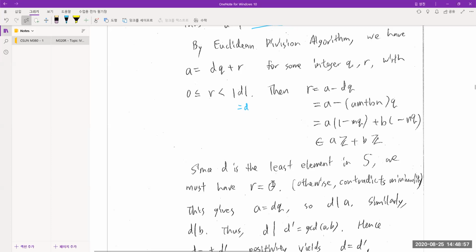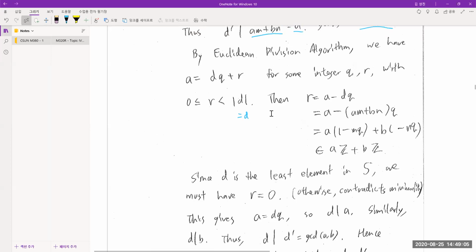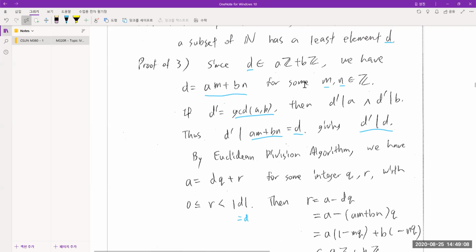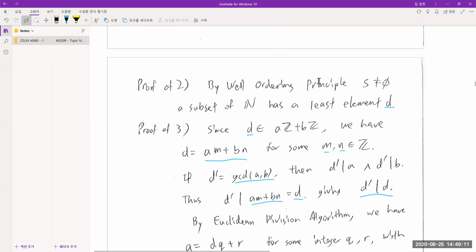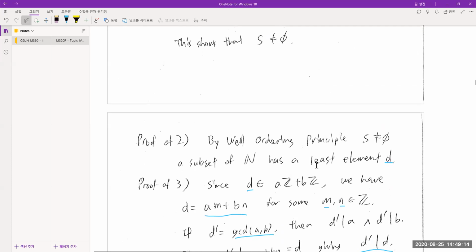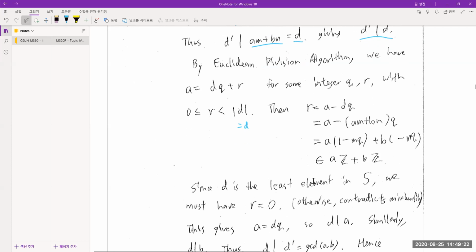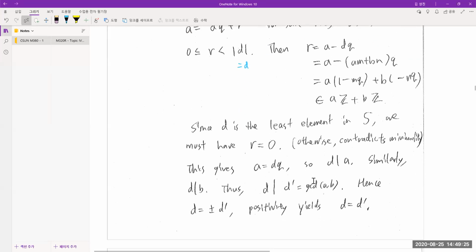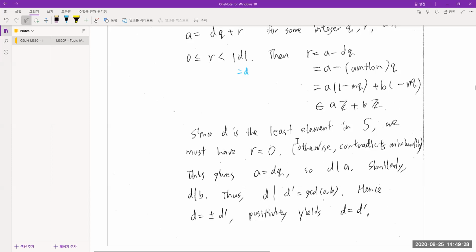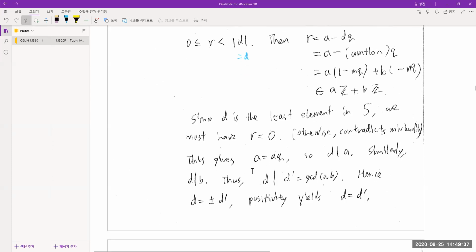If R is positive here, it contradicts the minimality of D. What minimality in particular? The minimality of being in the set S. So D must be an element of S and has to be minimal. Since no other positive smaller element is possible in the set S, this R must be 0. Okay, that gives us the divisibility.